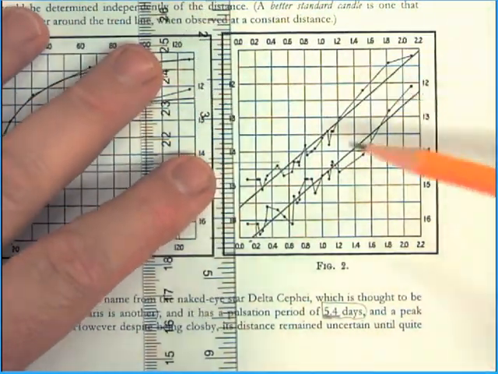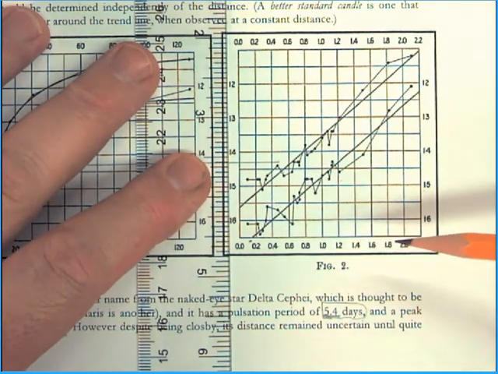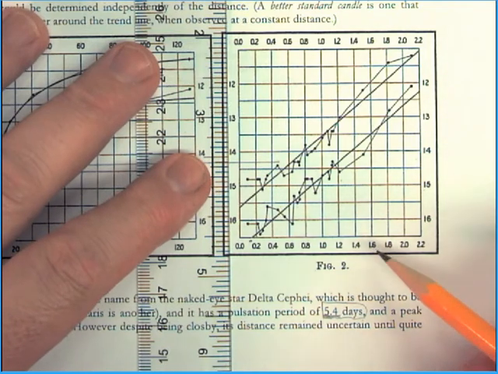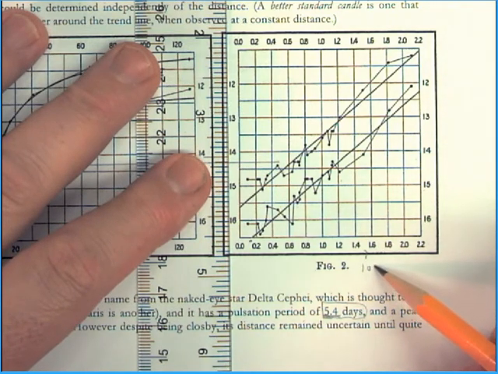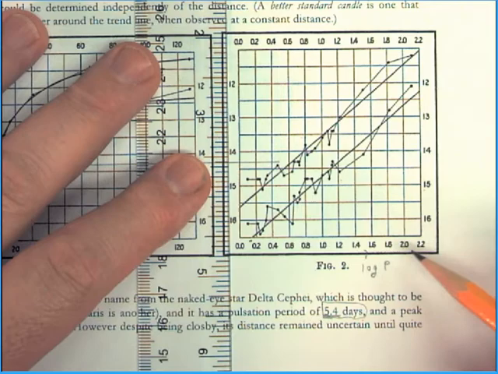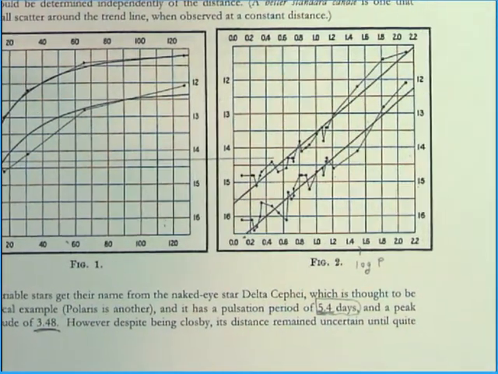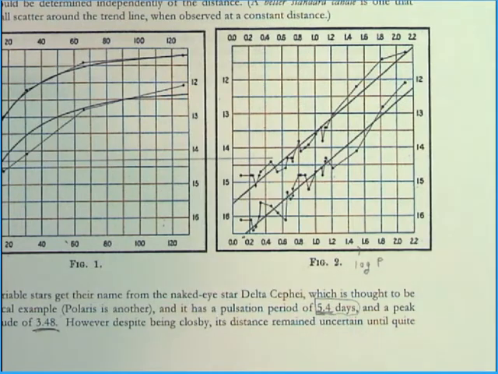Well, now where do we mark it? What do these numbers represent? Oh yeah, those numbers, remember, represented the log of the period in days. So that period was 5.4 days.